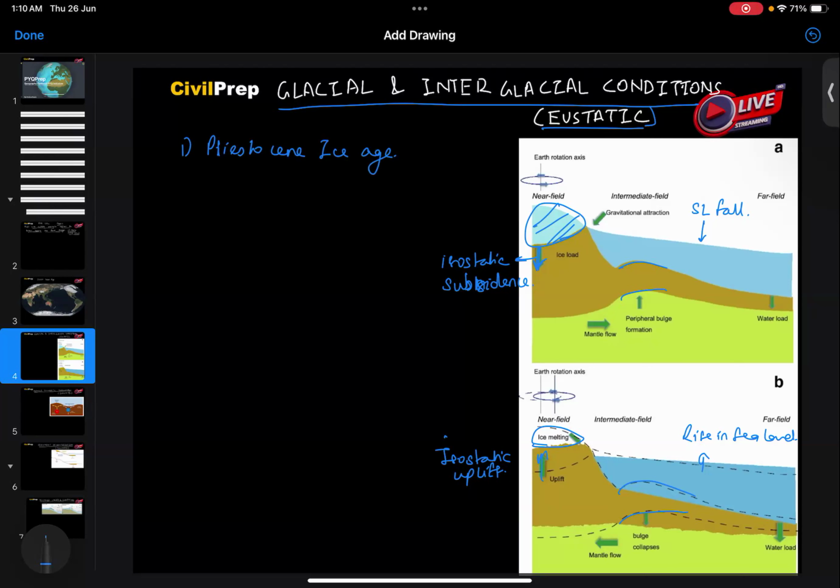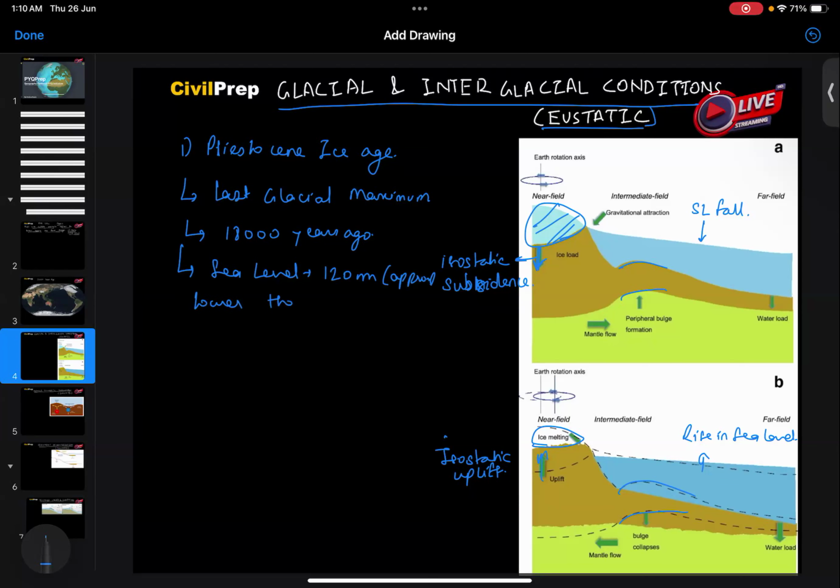Here we see that the last glacial maximum occurred almost around 18,000 years ago, when the sea level was approximately 120 meters lower than the contemporary sea level.